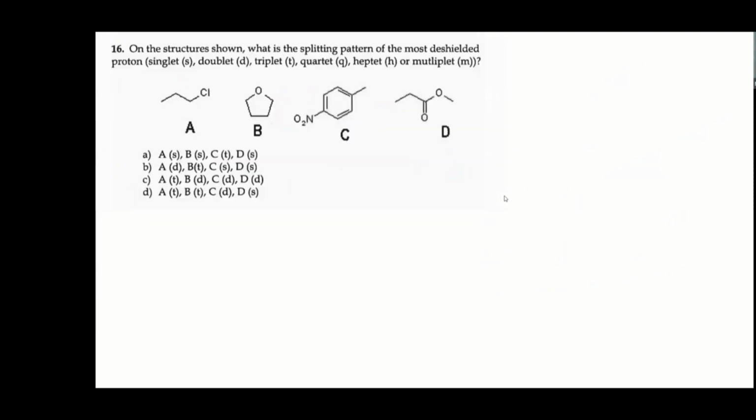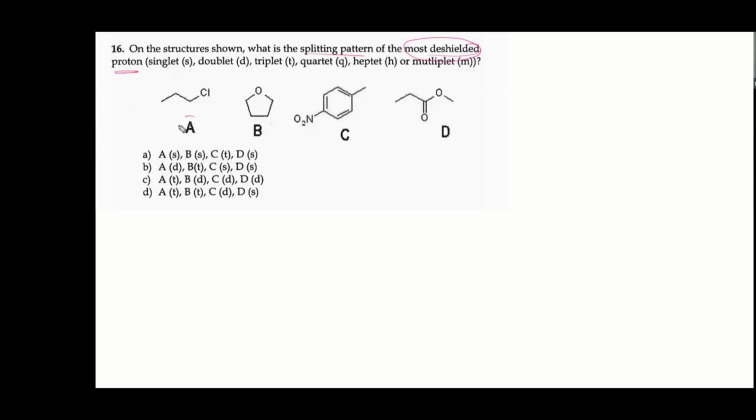Now I'm going to ask you to tell me what the multiplicities are, based on what the question says. On the structure shown, what is the splitting pattern of the most de-shielded proton, which means the proton that has the highest ppm value or the least electron density, for each of these molecules.